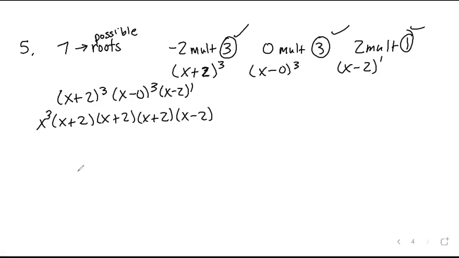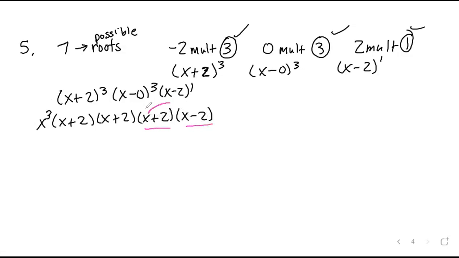Is there a good place on this to start that's going to make my life easier? x plus 2, x minus 2, because they're exactly the same. I know that it looks complicated, but those two are exactly the same, except one of them is positive and one of them is negative.